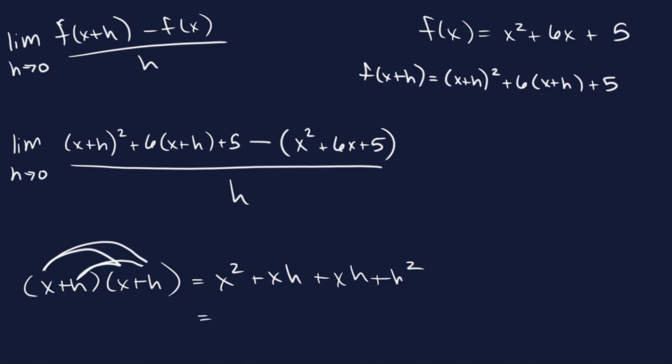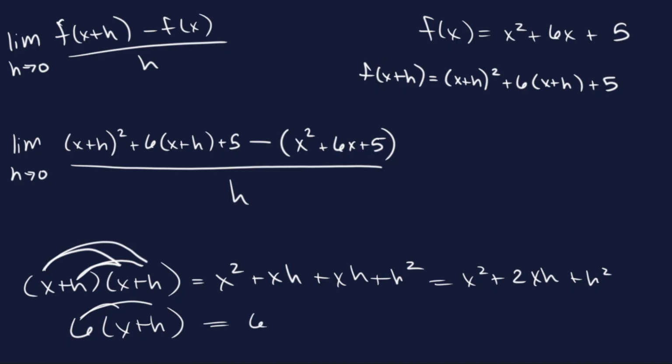So this simplifies to x squared plus xh plus xh, that is two of the same term, so 2xh, and then plus h squared. The only other thing we're going to simplify is this 6 times x plus h, and we're going to simplify that by distributing the 6 into each individual term to make it 6x plus 6h. So let's simplify this limit.